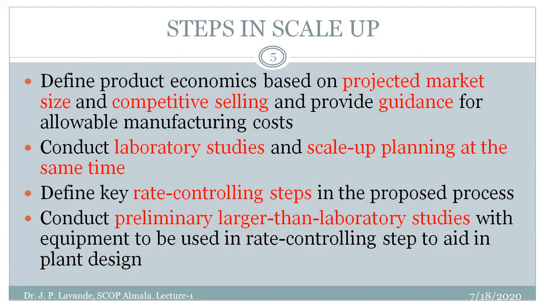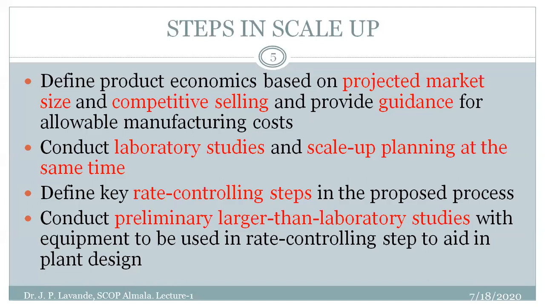The third step is defining the key rate controlling steps in the proposed processes. Now, what are these rate controlling processes? They consist of the process that we are going to be implementing. If the processes are lengthy, how can we go on reducing, decreasing the number of steps so that the production efficiency can be increased?